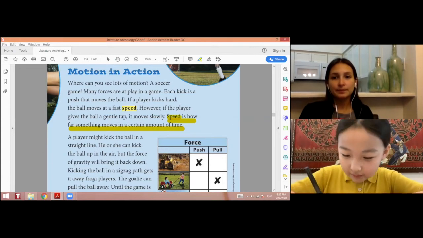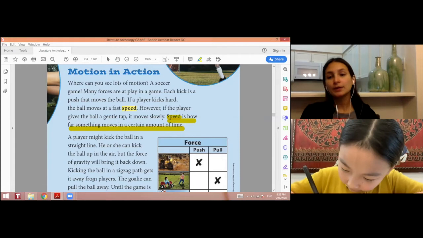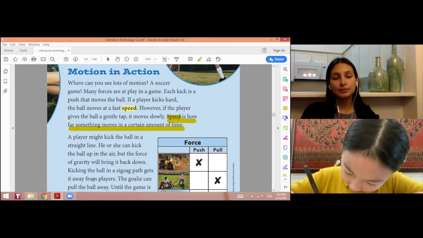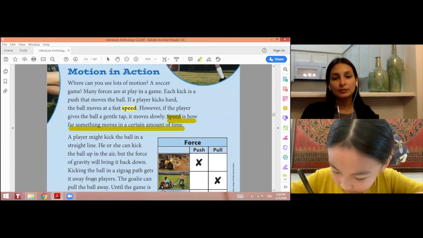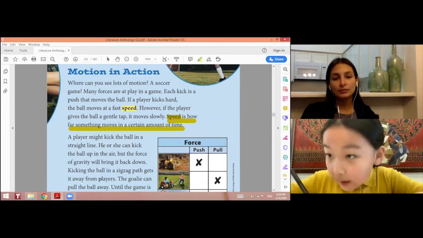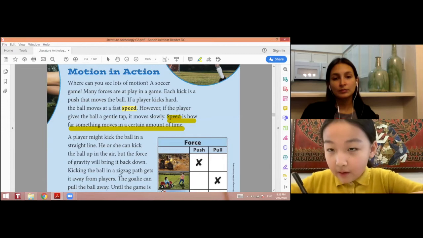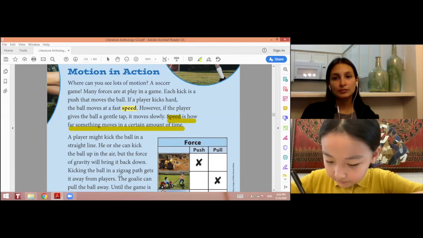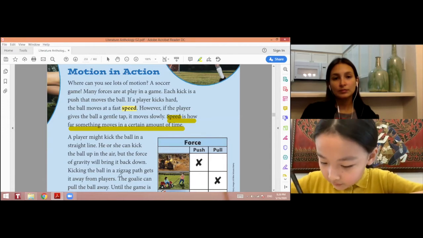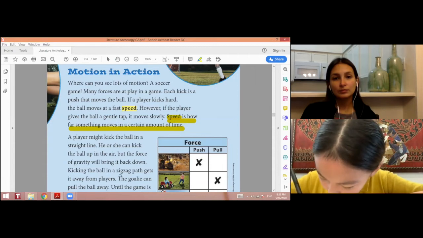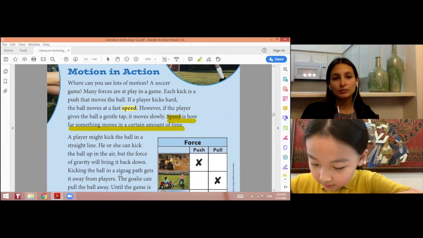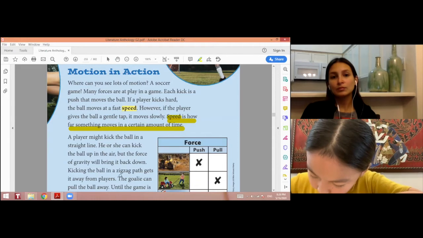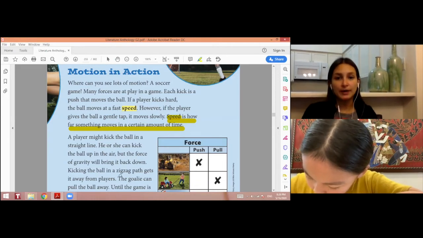Speed is how far something moves in a certain amount of time.